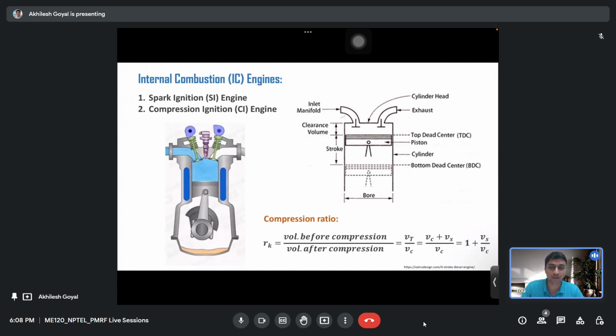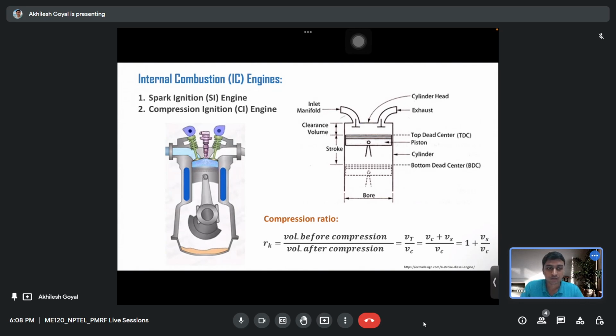It is a very important parameter when we talk about the thermodynamic cycles for IC engines, and you will know how the efficiency of an IC engine varies with the compression ratio.